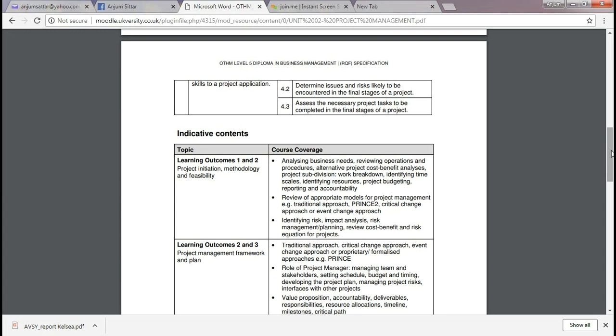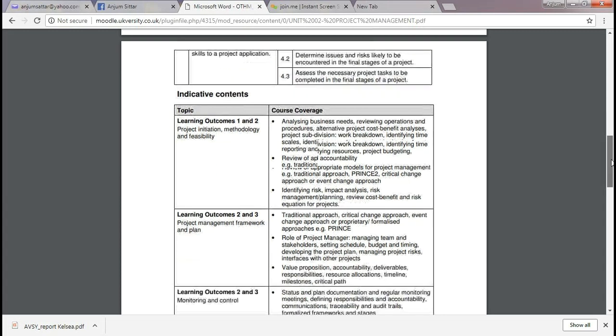We discussed cost and benefit analysis. We had a little discussion on risk and risk management, how we can manage risk. And we discussed a little bit about the Prince tool, which I just mentioned, in the software which we use.